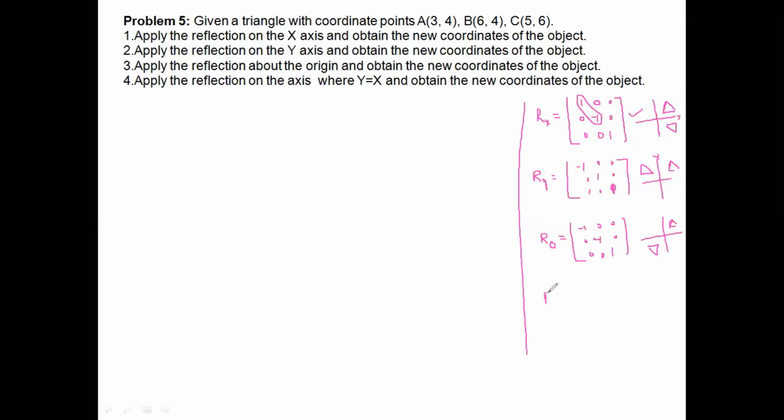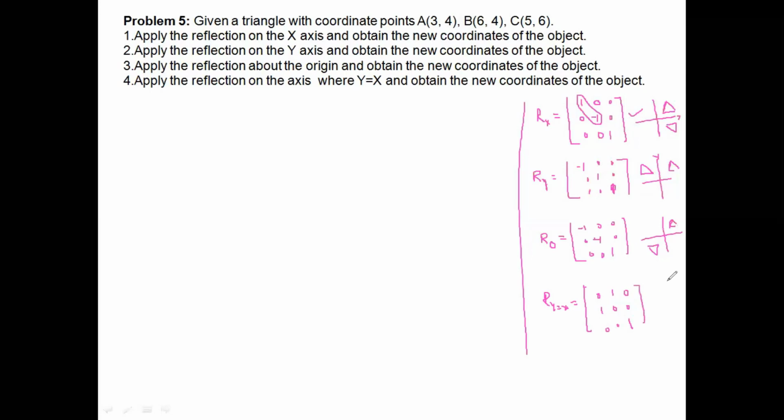Okay, when the reflection is about y is equal to x, the reflection matrix will have the rest of the elements as 0, and the other diagonal elements, this and this, will be involved in the reflection.